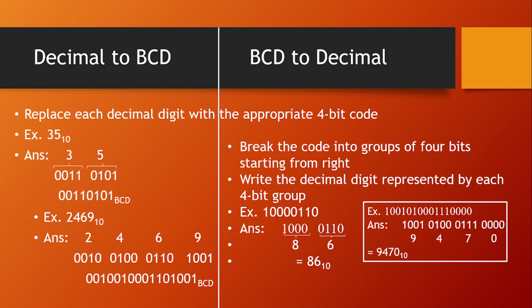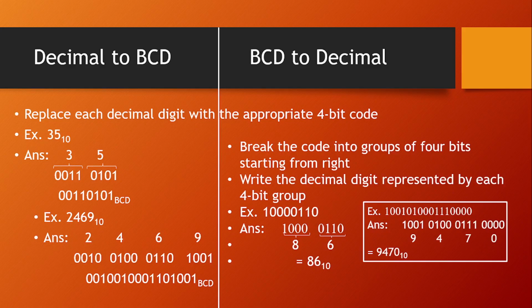We have to convert 10000110, which is a BCD number, into decimal. Now group these from the right hand side and you will find one group towards the right as 0110 and then 1000. So the 8421 equivalent of 0110 is 6 and of 1000 it is 8, so 86 in decimal.